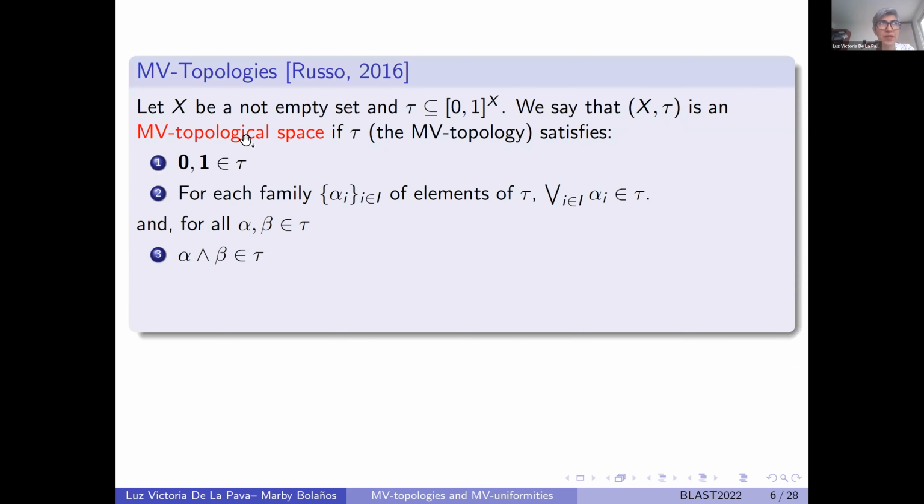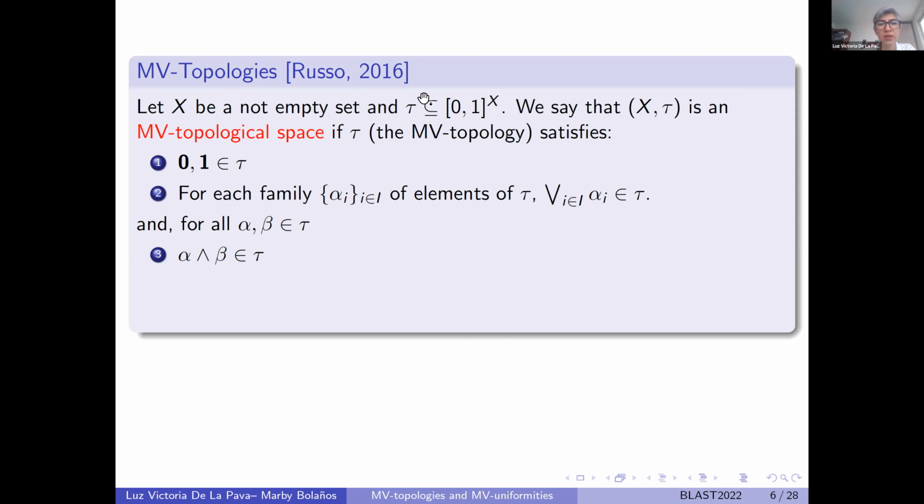MV topologies are a kind of fuzzy topology. This concept arose in a paper by Ciro Russo, in which he showed an extension of Stone duality.